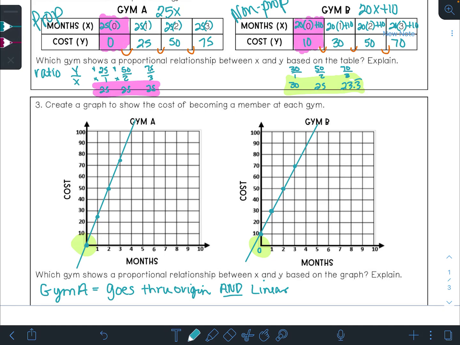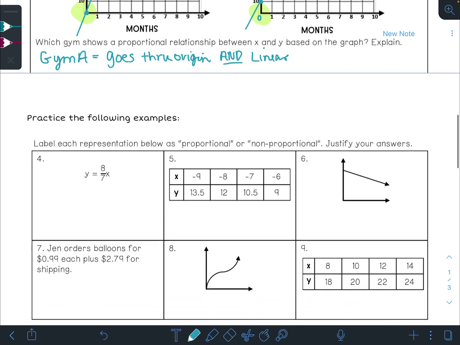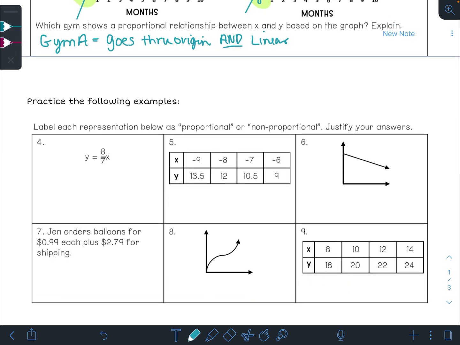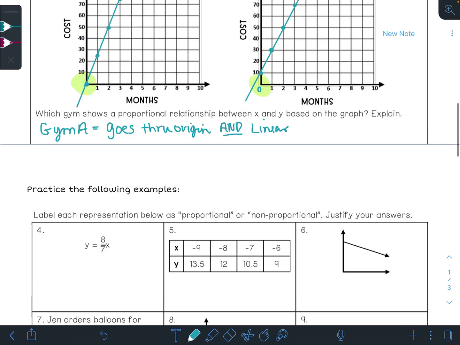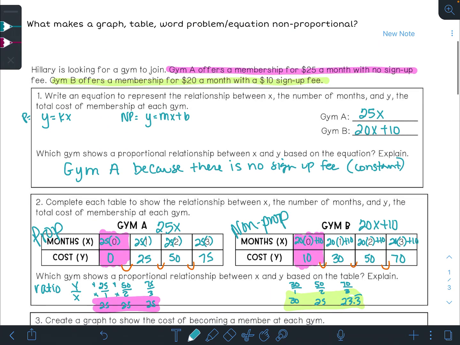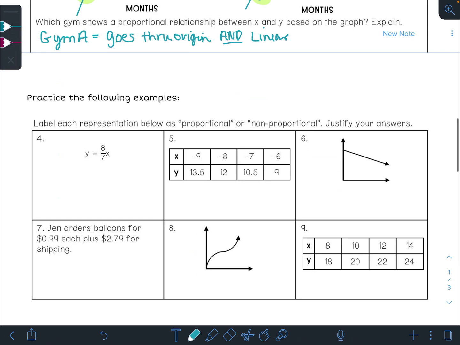So if we look at the examples that are down here, for example, number 4. If you remember back up here, we said for it to be proportional, it had to meet y equals kx. I'm not adding on that constant. So if you notice, I'm not adding on a constant here. Even if I added on plus 0, that would still be y is equal to 8 over 7x.